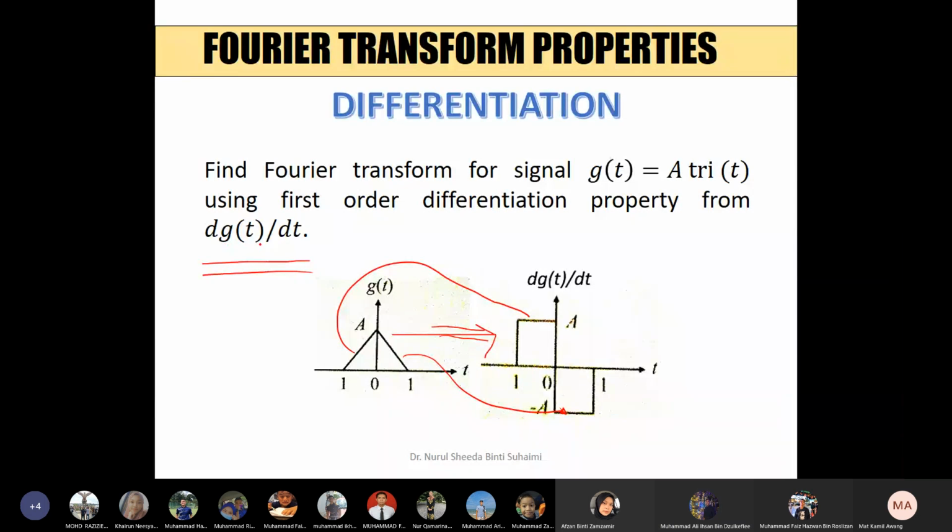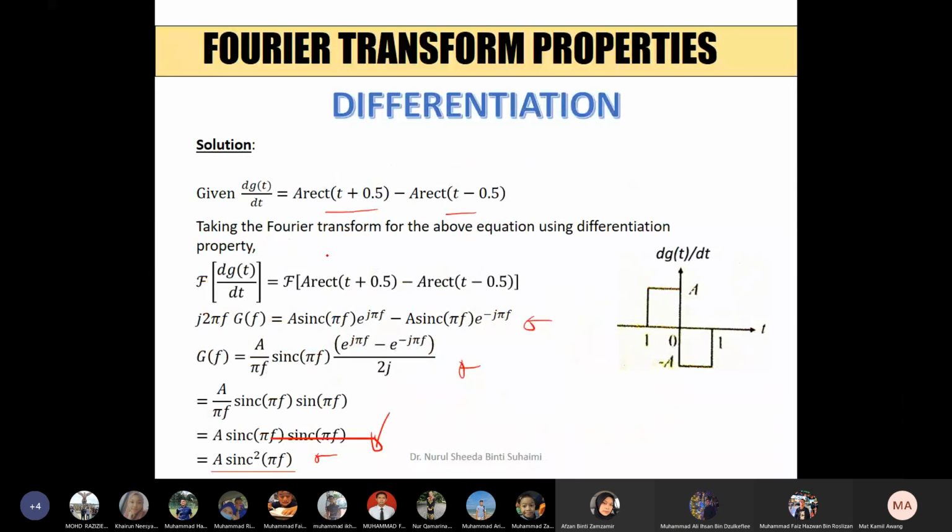The differentiation of g(t) is given by this. From the graph, we can get this function. If we take the Fourier transform of this directly, you go through the process and you get this, a sinc squared of pi f.